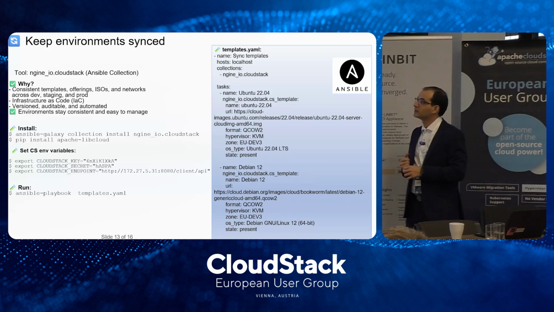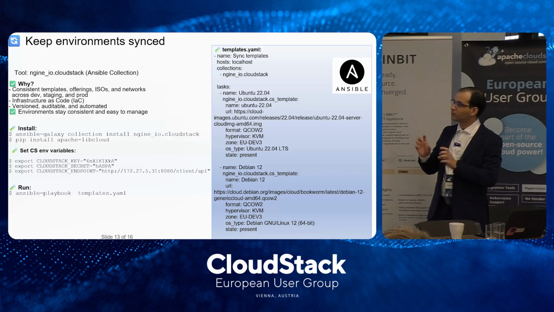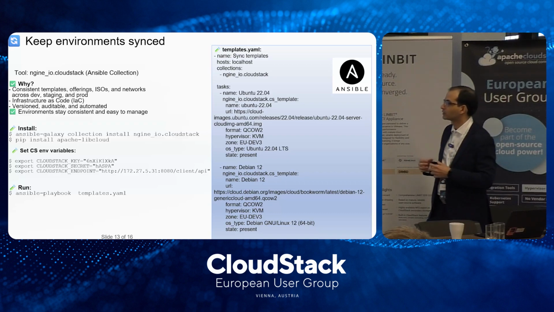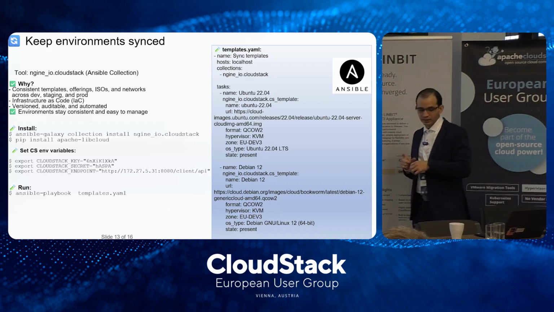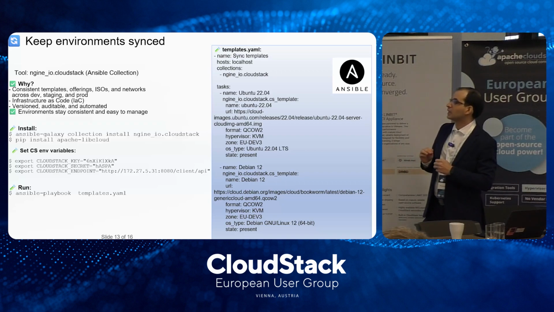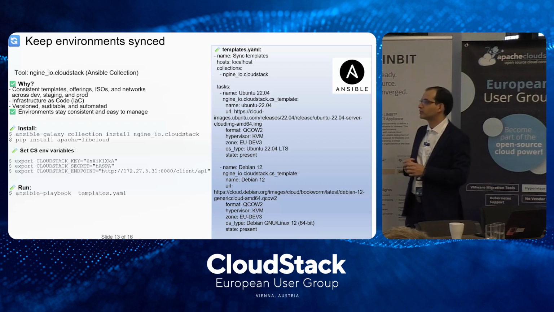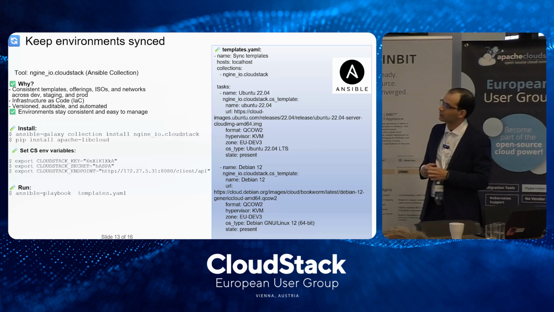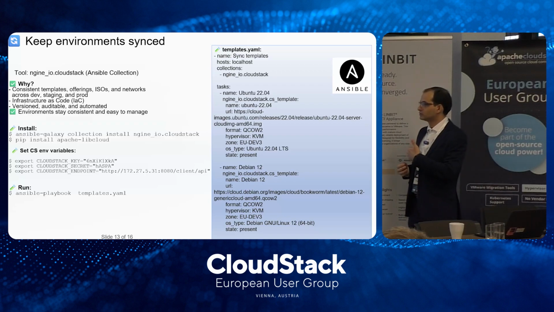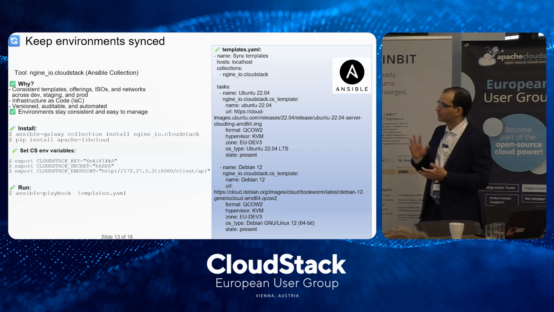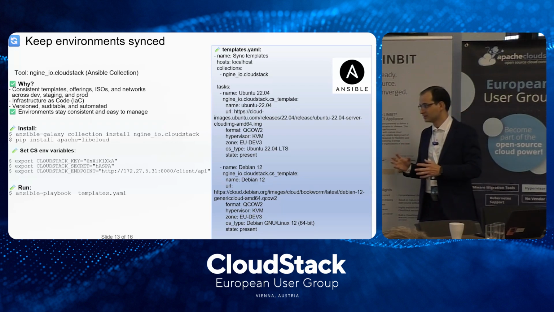I mean, you can create a repo. That's why we are doing it right now in your GitLab server, and you can keep consistent templates, offerings, ISOs, networks, and you can keep it versioned, auditable, and automated. All this we are doing with pipelines, which is fantastic.